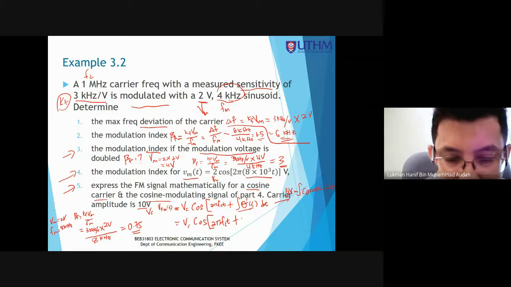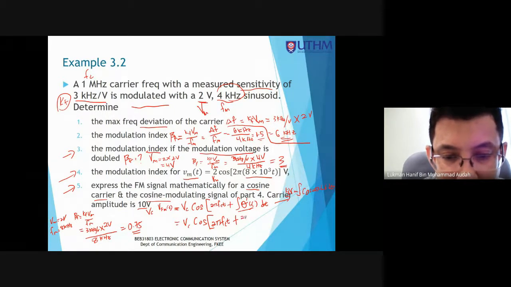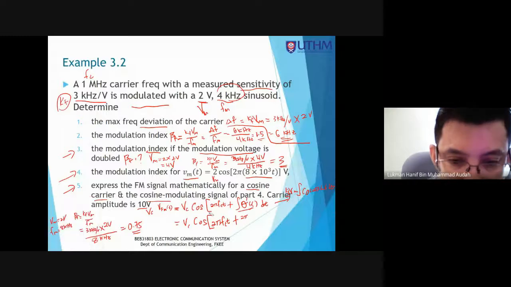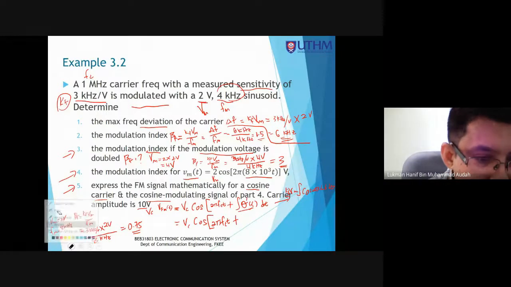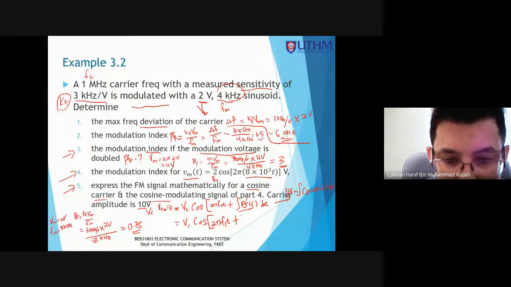So here you will get a plus, because when you integrate of course you will get a positive sign. So you will get Kf Vm over 2 pi Fm, and here you will get sine 2 pi Fmt.